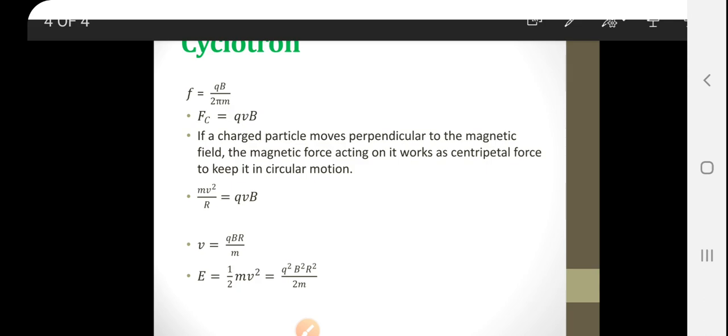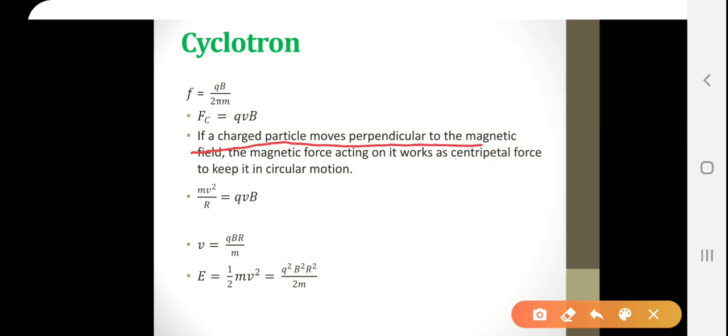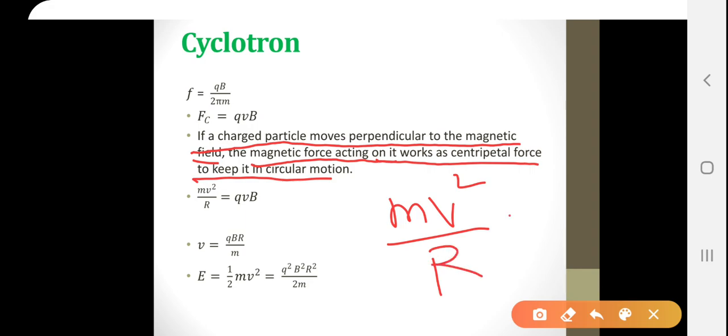See here, if a charged particle moves perpendicular to the magnetic field, the magnetic force acting on it works as a centripetal force to keep it in circular motion. So mv square by r will be equal to qvB.